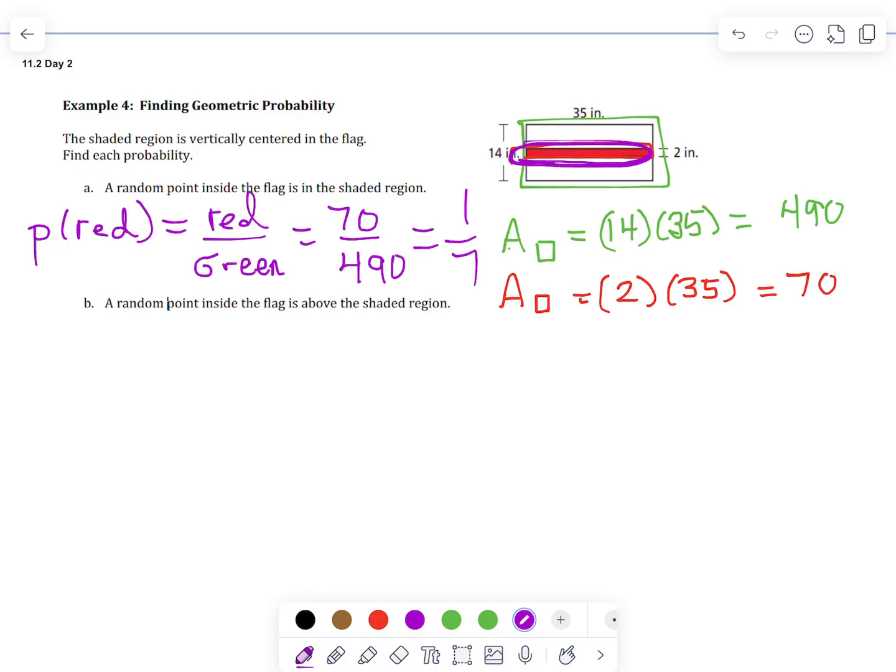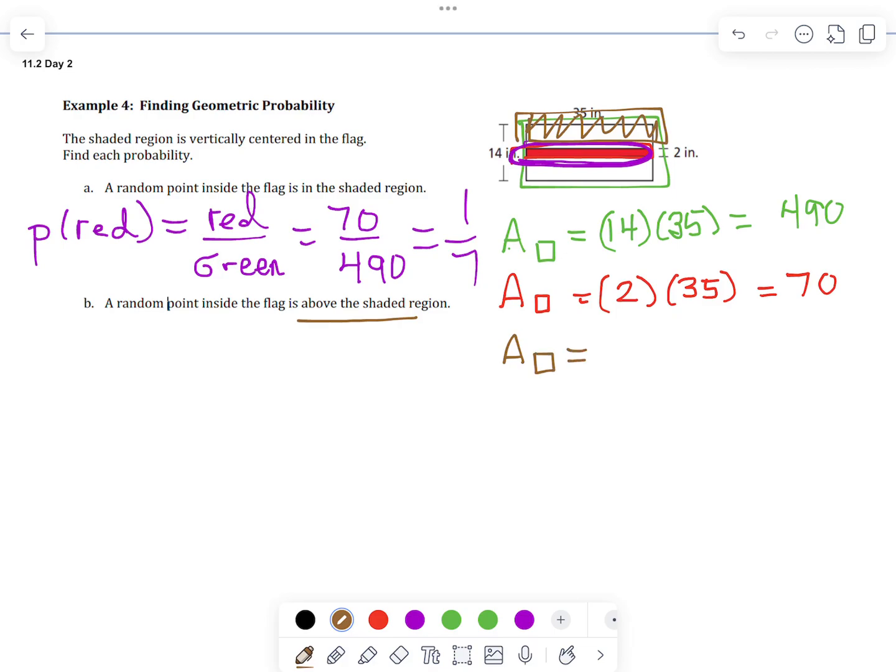Part B. A random point inside the flag is above the shaded region. So now we're talking about this area right here. So we need to find the area of that part of the rectangle.